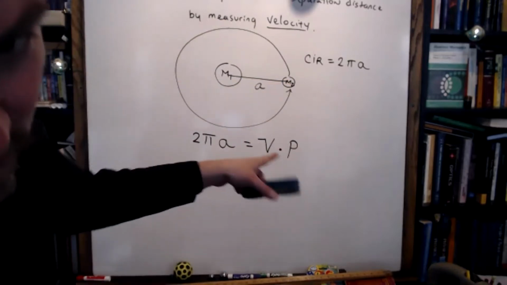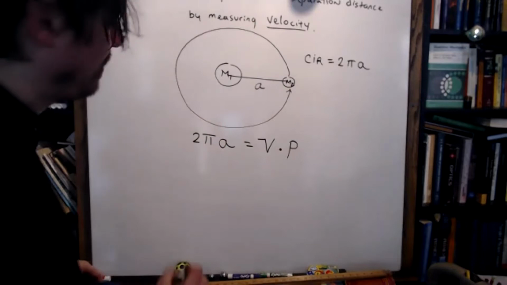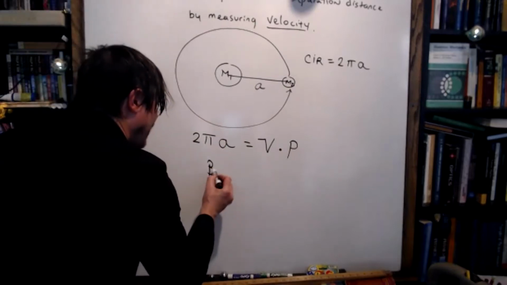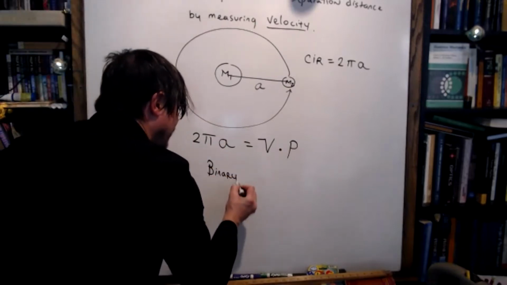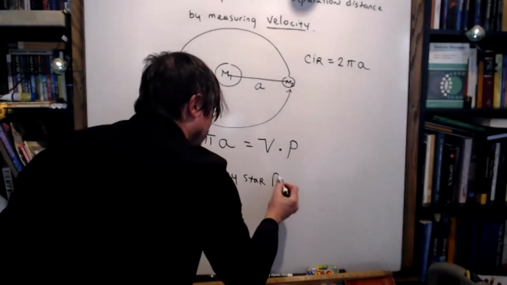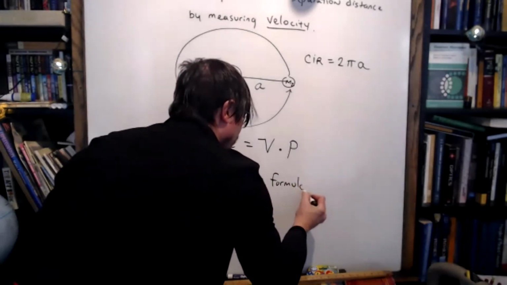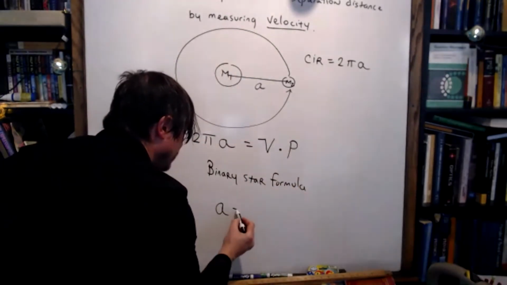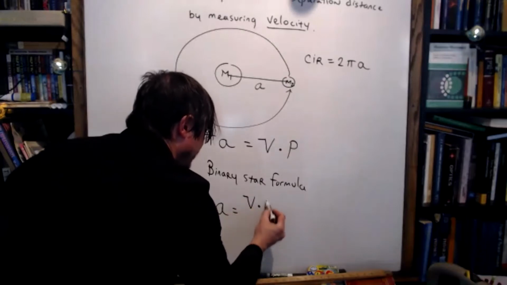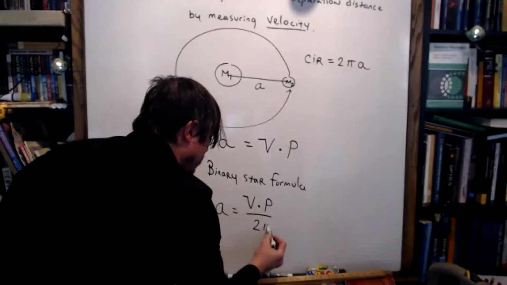And you can always measure the period. You want the A. So you can solve for A using the so-called binary star formula: A equals V times P over 2 pi.